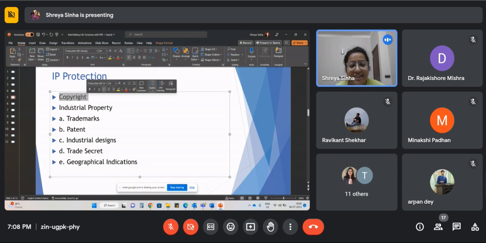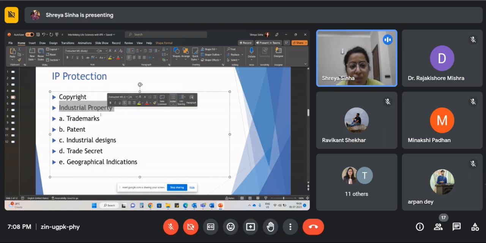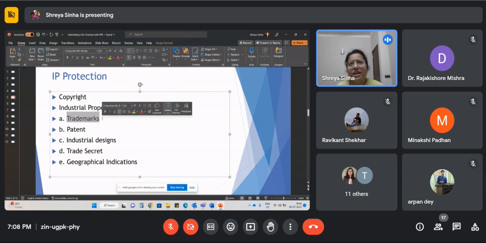Now the next is industrial property, in which these are the classifications. Trademarks: it's a brand name IP protection. For example, if I'm opening a company and I've named it Shreya Enterprises, I've trademarked and registered it, so no one else can copy the trade name because it belongs to me.